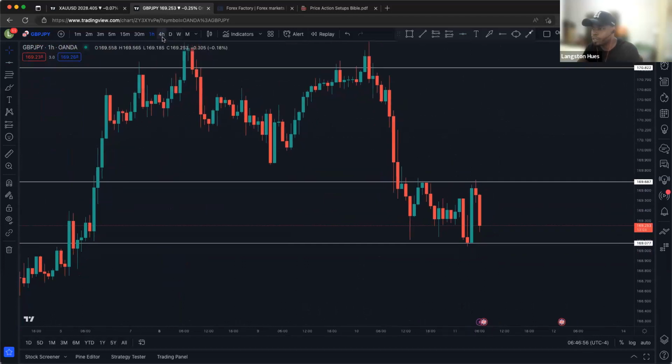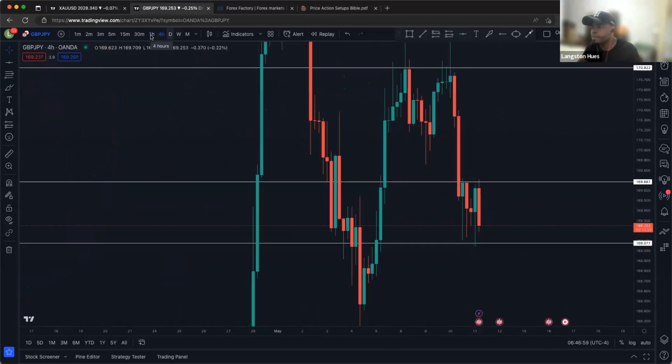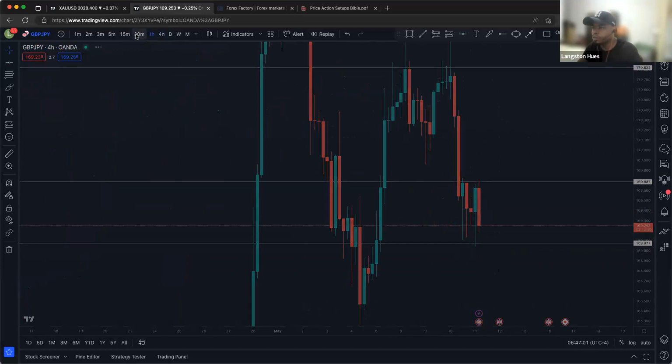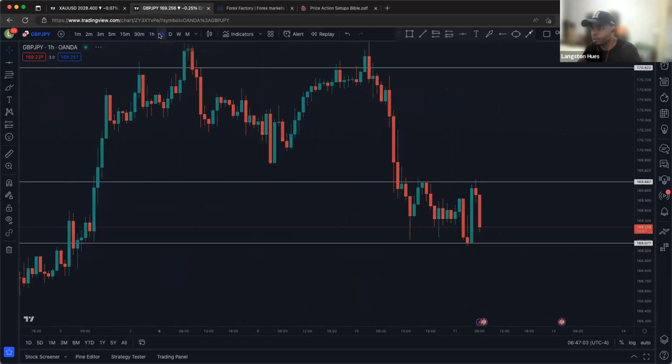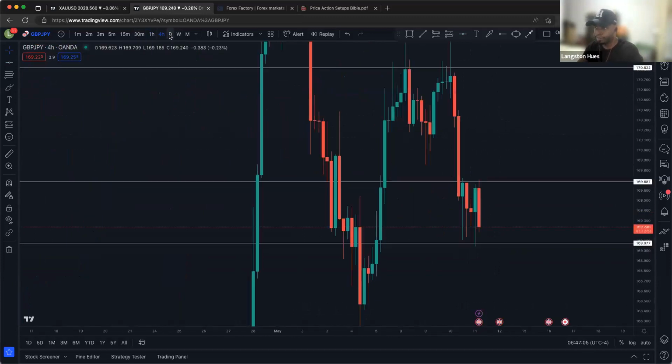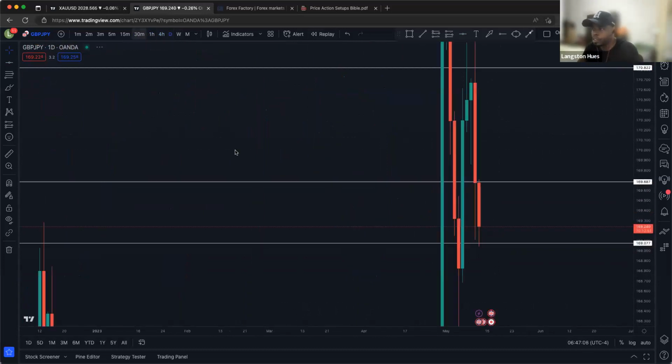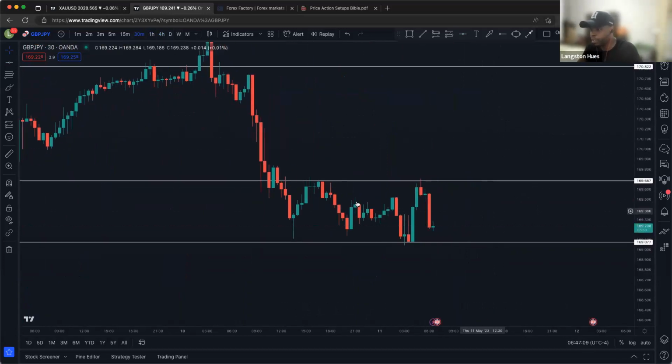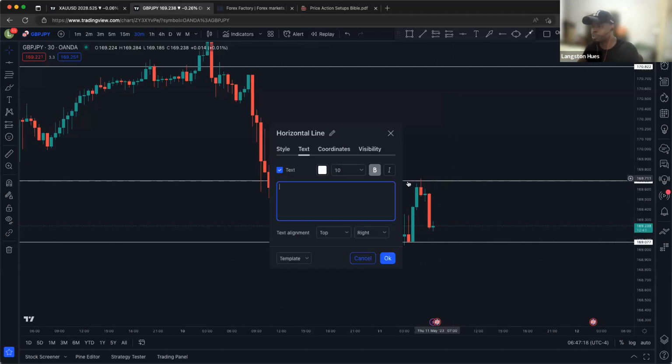So 1 hour is bearish, 4 hour is bearish, daily is also bearish. Let's look at the 30-minute. Coming over to the 30-minute, our zones are still perfectly matched up. So good. If we can get a closure below this level here at 169.07, we got some sells.